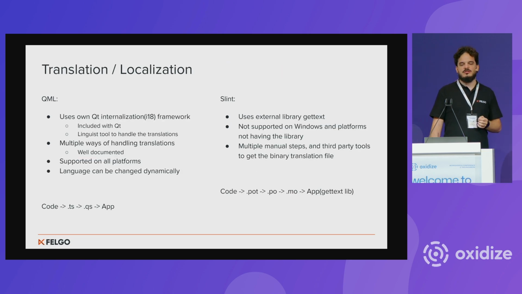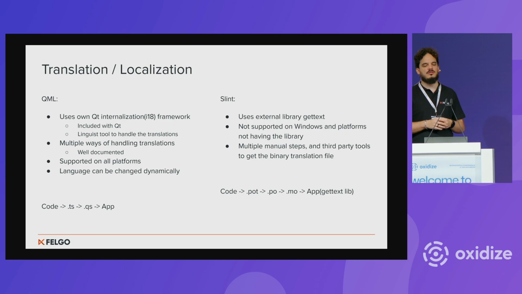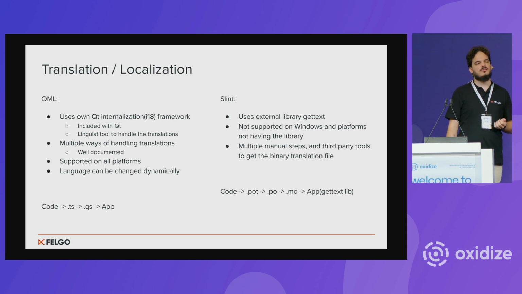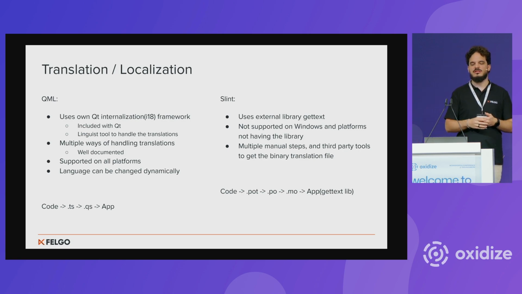For translation and localization, Qt uses its own internationalization framework that is included with the whole Qt package. It has several different tools to handle the translations, like generating the binaries and managing the translation files.